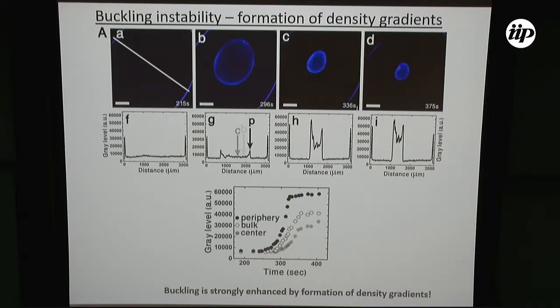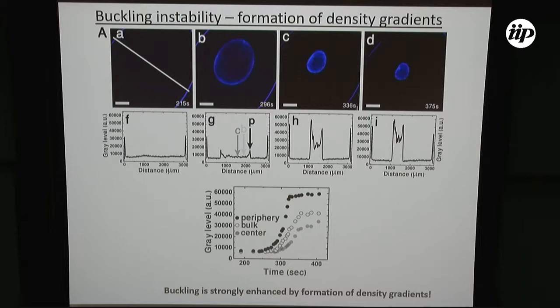It is not dense enough. And eventually, the mismatch between the contraction process in the center and the fact that the periphery is very dense and cannot follow is probably one of the reasons why we have this type of buckling.